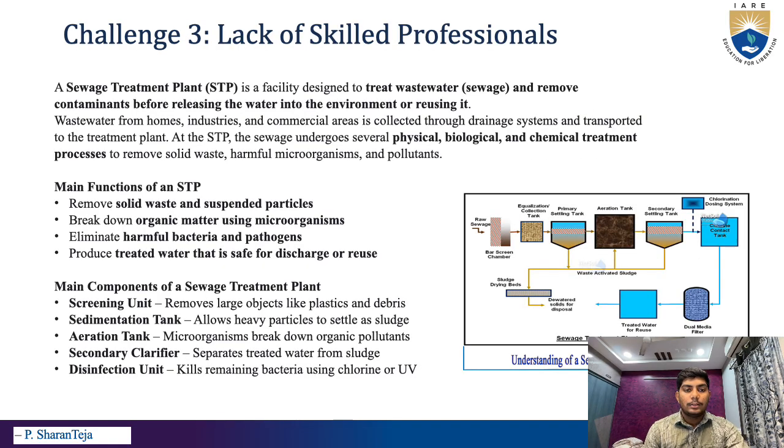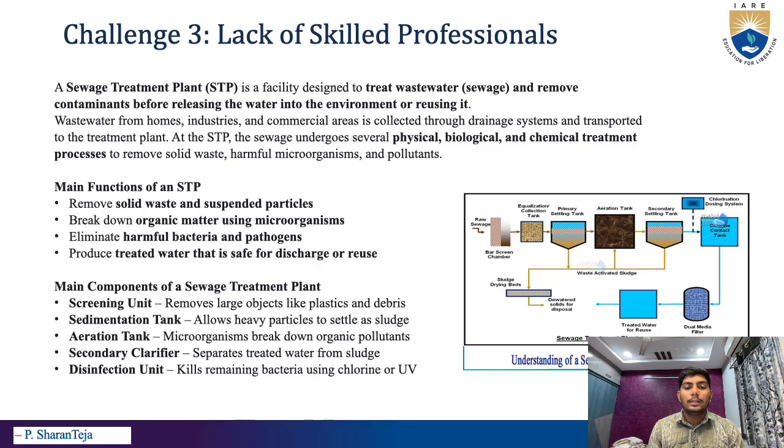Next one is the sewage treatment plant. A sewage treatment plant is a facility designed to treat wastewater and remove contaminants before releasing the water into the environment or reusing it. Wastewater from homes, industries, and commercial areas is collected through the drainage systems and transported to the treatment plants.